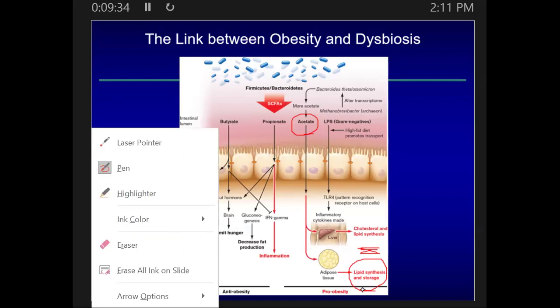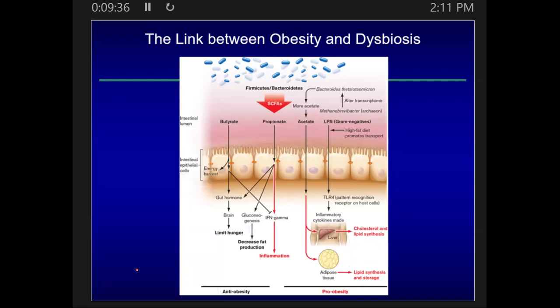Then if you look over to butyrate, butyrate's turning out to be kind of a star in terms of the short chain fatty acid profile. Butyrate seems to be a good thing. Over and over, we're seeing that butyrate is leading to what we want, which is limiting hunger and decreasing fat production.